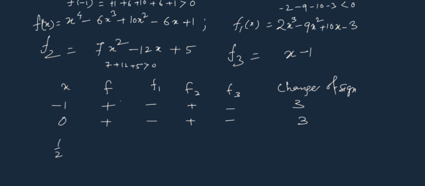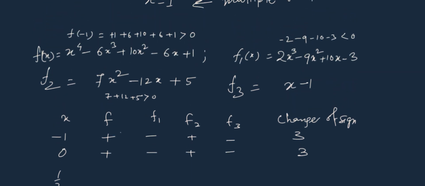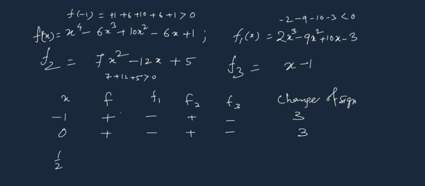At half, f3 will be negative, half minus 1, that is negative half. f2 at half will be 7 by 4, and then negative 6. 7 by 4 is greater than 1, and here will be minus 1, so f2 will be positive.